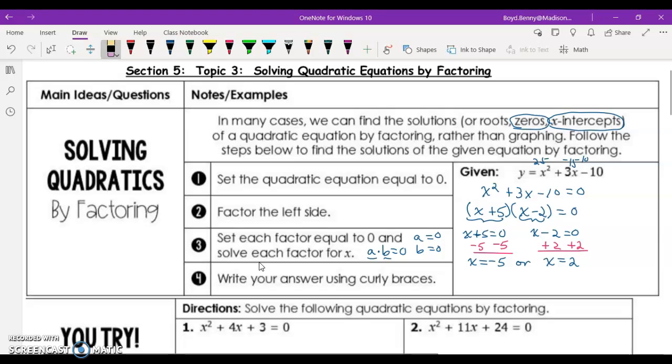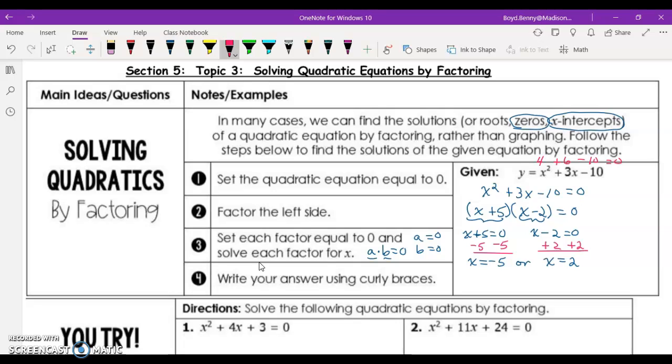So we see that it works for the first solution. Let's see if it works for the second one. If we stick 2 in there, 2 squared would give us 4. 3 times 2 would give us 6. 4 plus 6 is 10. Minus 10 does in fact equal 0. So we can see that both of these solutions work.